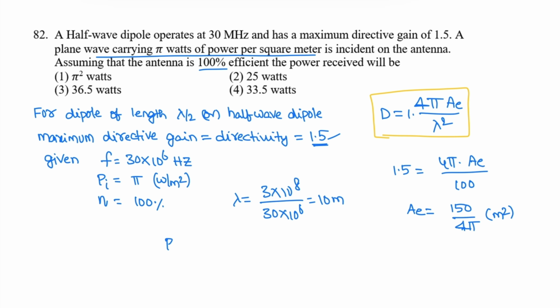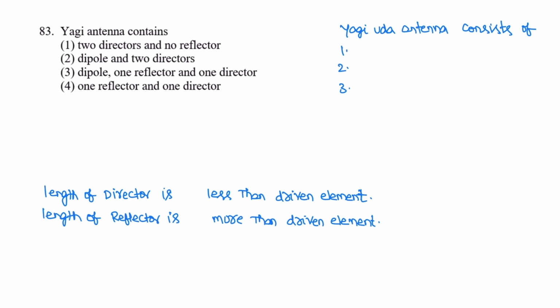Now the total power P out is input power into effective aperture area. So that is pi watt per meter square into 150 by 4 pi meter square. Its value is 150 by 4, that is 36.5 watt. The power received is 36.5 watt.